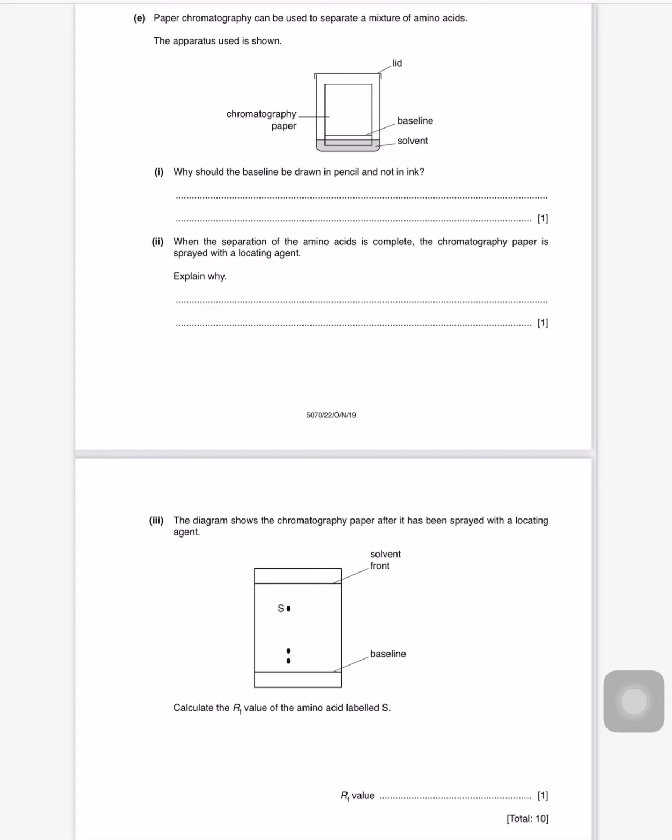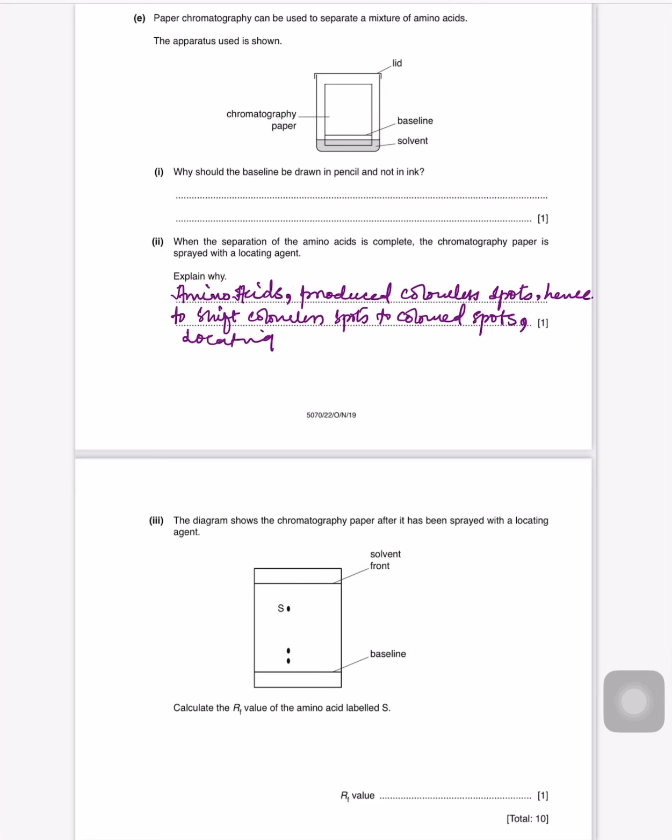You may say this thing: amino acids produced colorless spots, hence to shift colorless spots to colored spots, locating agent is sprayed.